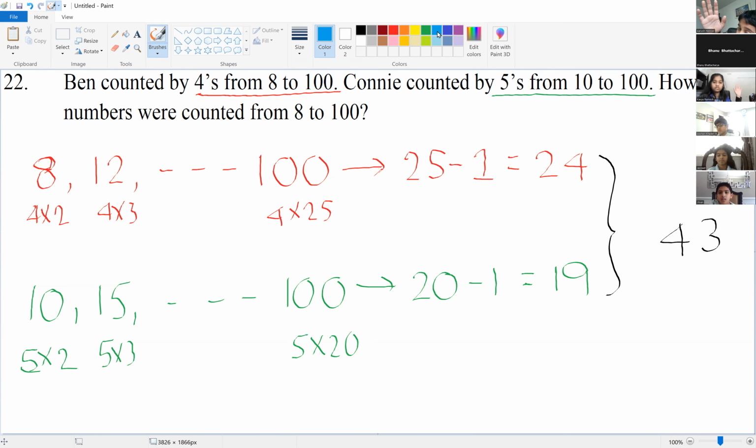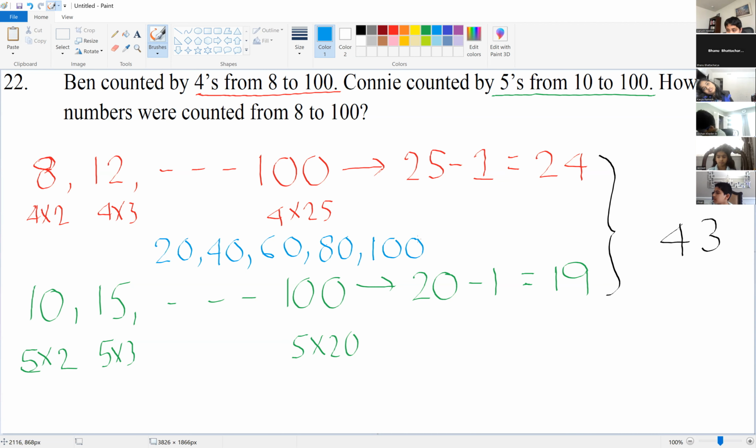So you're supposed to subtract 5. So which numbers are repeated? So 20, 40, 60, 80, and 100, because the least common multiple of 4 and 5 is 20, and all the multiples of 20 are common between 4 and 5, and there's 5 multiples of 20, so 20, 40, 60, 80, and 100 have to be taken out.